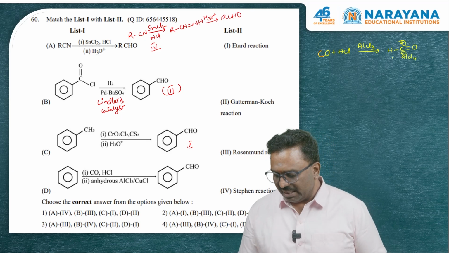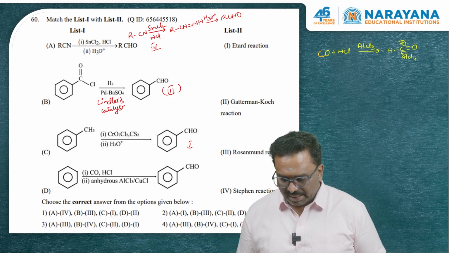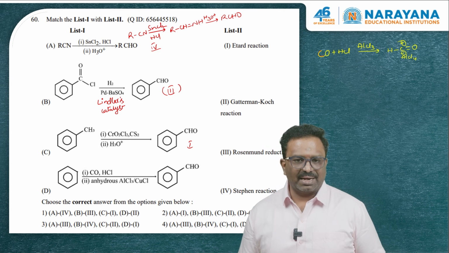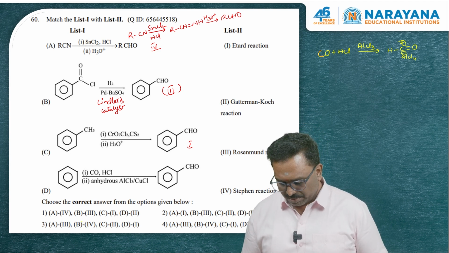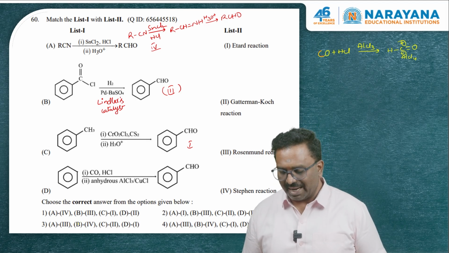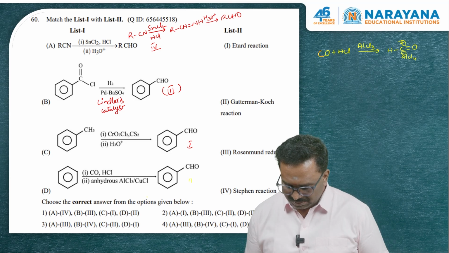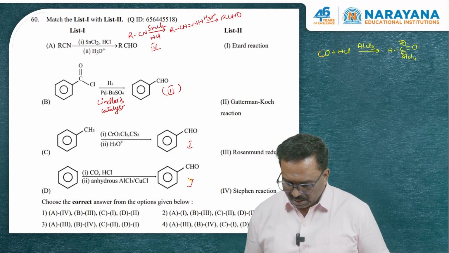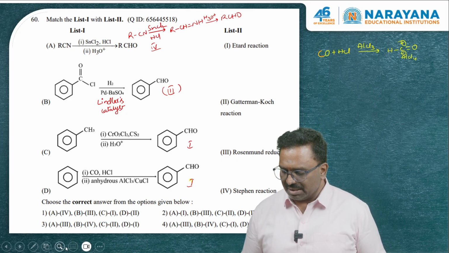The electrophile is not a very strong electrophile, and a deactivated ring doesn't exhibit the reaction here. So the aromatic ring should be activated and should not be deactivated, then only this reaction takes place, which is the Gattermann-Koch reaction. So the Gattermann-Koch reaction is for aromatic rings that are activated and not deactivated.